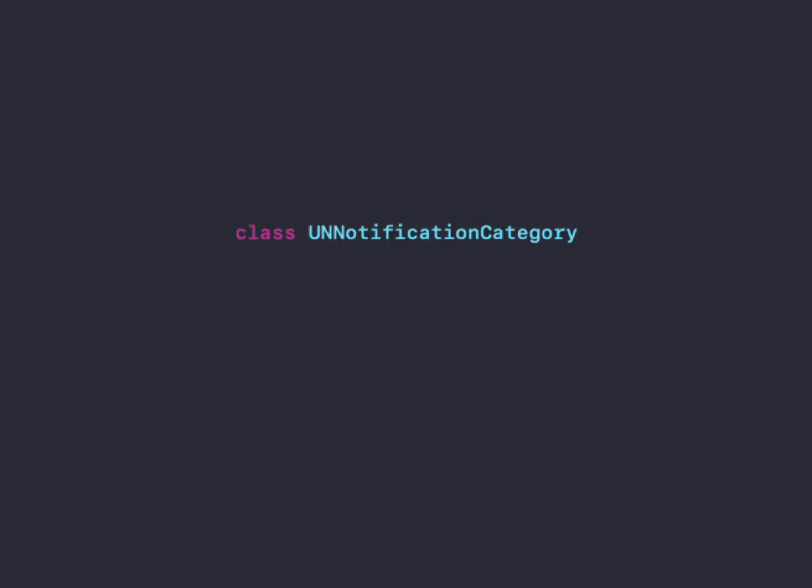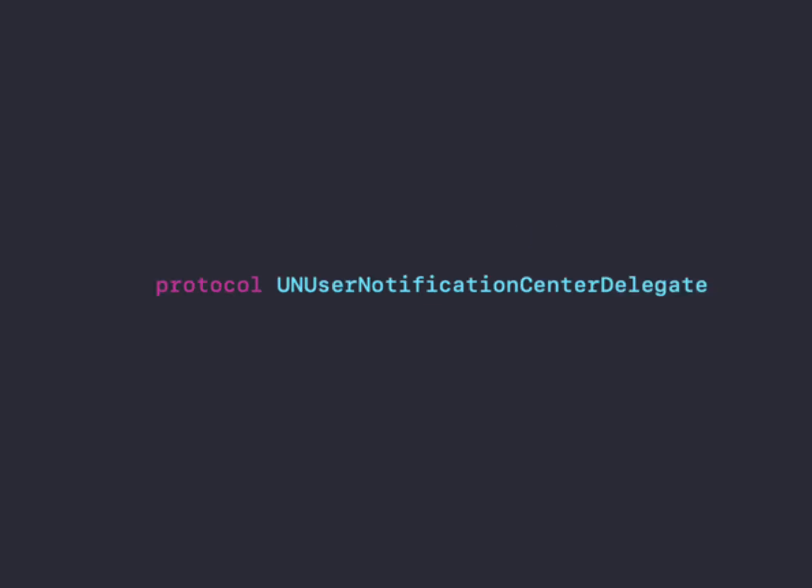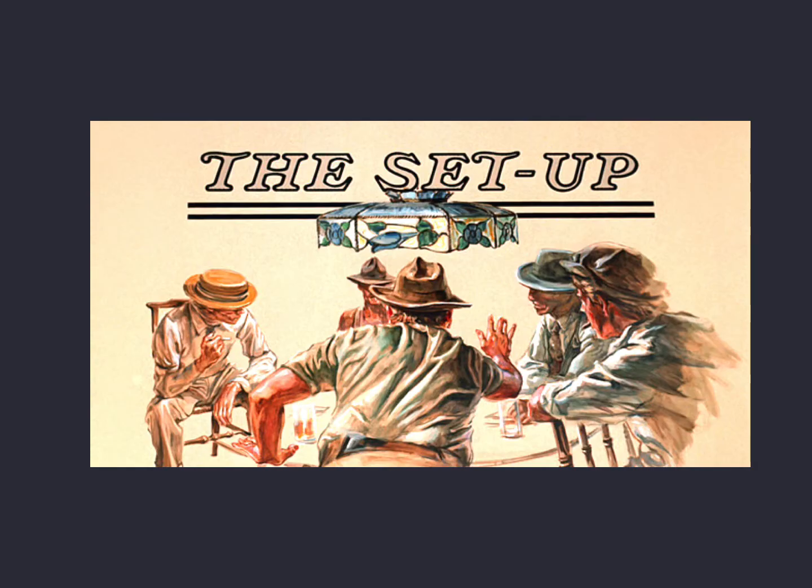And you can optionally give that request a category, which is a type of notification, which basically allows you to give it a certain number of actions and make it do stuff. Those are the little buttons you get, like snooze on a calendar thing. And then this thing interacts with you, rather, by you setting yourself as the notification center's delegate.